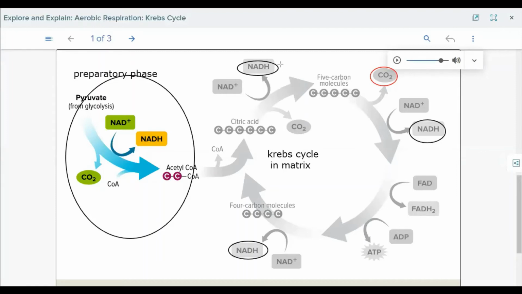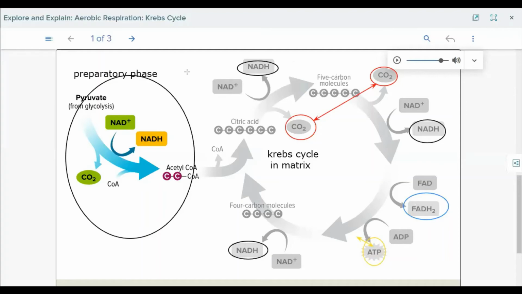And let's check the FADH2. One FADH2 per cycle. So 2 carbon dioxide, 3 NADH molecules, and 1 FADH2 molecule. And of course, as you can see here, they simply release 1 ATP molecule.